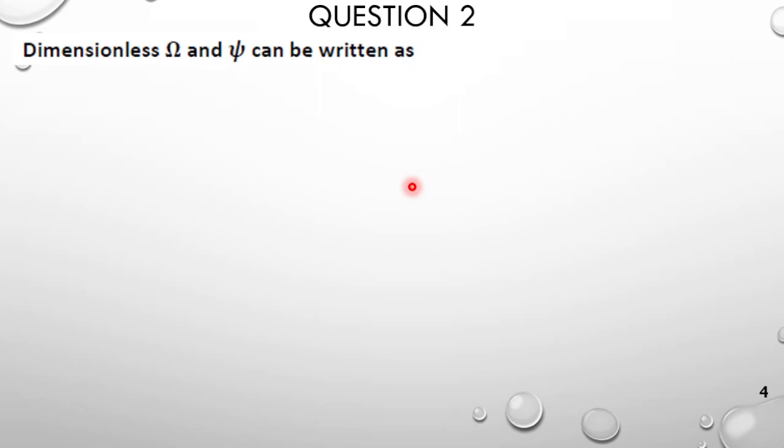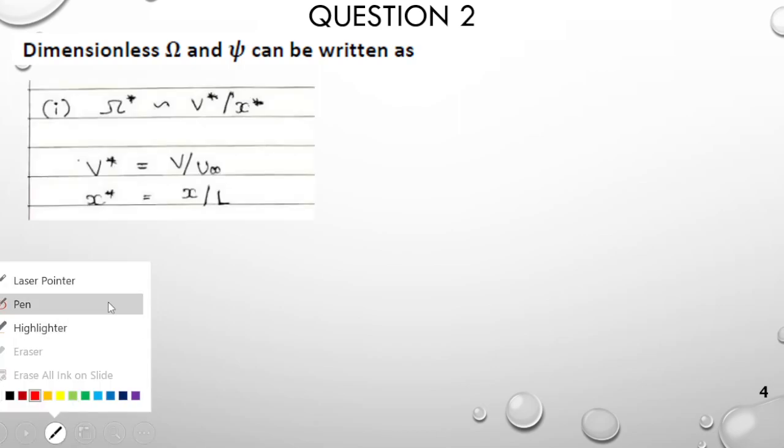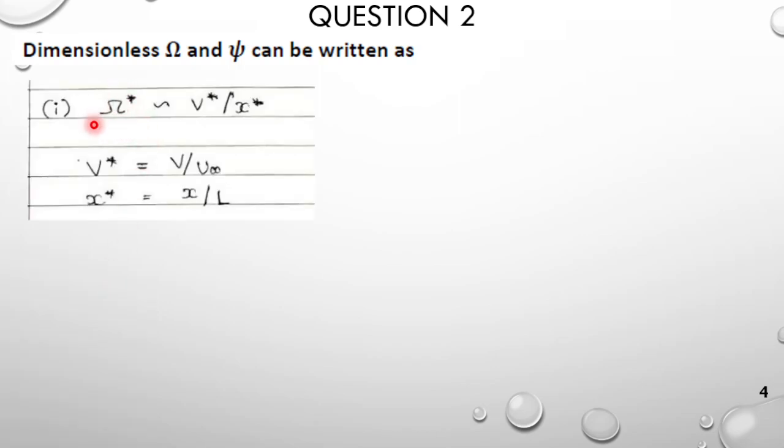The dimensionless vorticity and stream function can be written as... how can we write basically the dimensionless form of vorticity and stream function? That is the question here. We know that vorticity in the z direction can be written as dv/dx minus du/dy.